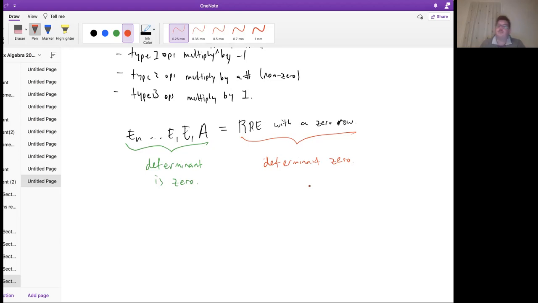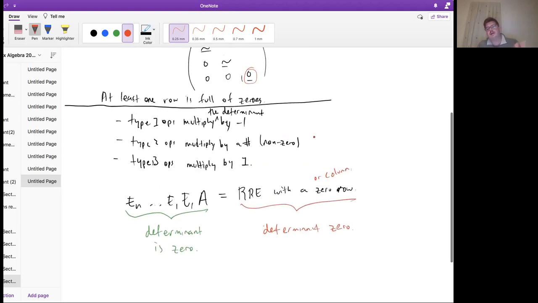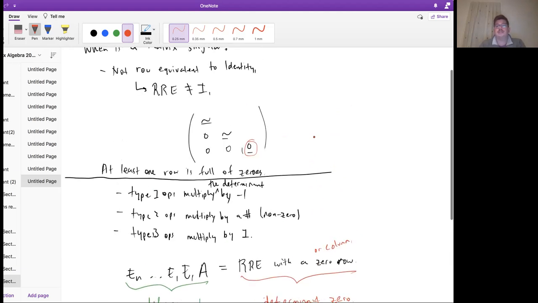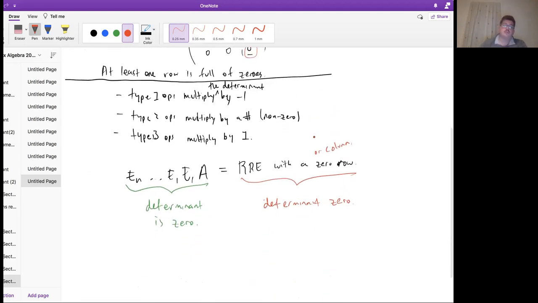If you have a row or a column, it would also be true for a column, for reduced row echelon form, then the determinant is 0. So again, we can use this property of how row operations affect the determinant to give a precise condition for singular matrices: if you have a row full of zeros, or if you can row reduce to a row full of zeros, then the determinant is 0.